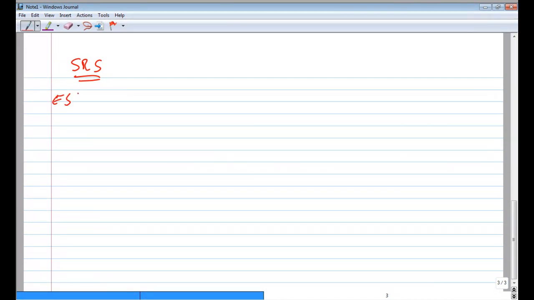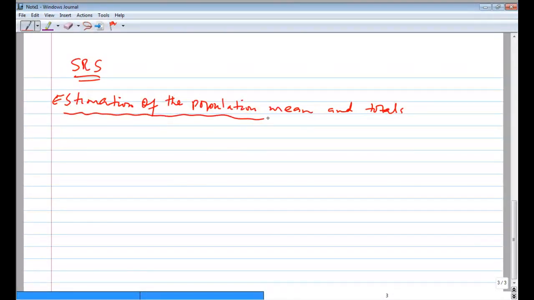So the estimation of the population mean and total. How do you estimate the population mean and how do you estimate the population totals under simple random sampling? There are many formulas that you have to consider in this case.